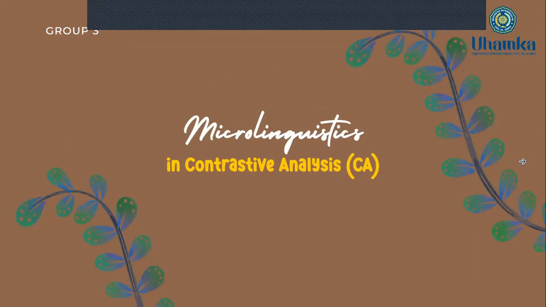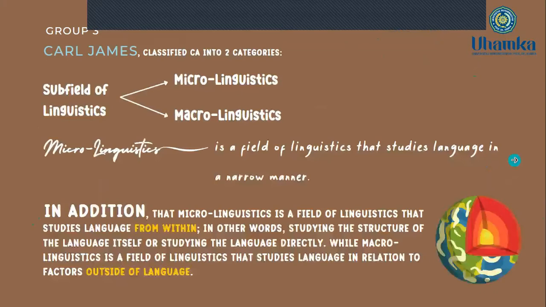Then there is microlinguistics in contrastive analysis, or CA. Carl James classified CA into two categories of subfields of linguistics: microlinguistics and macrolinguistics.